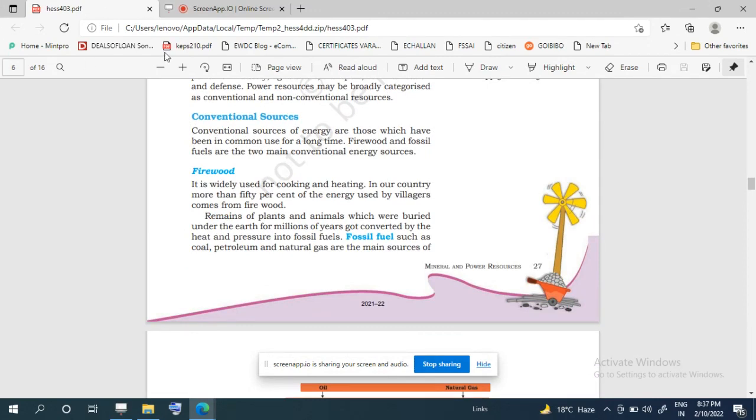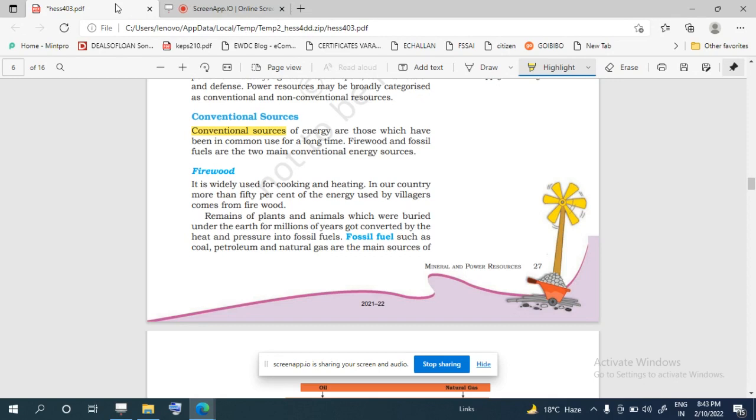Conventional sources are those sources which are in use for a very long time. Many times, it's a misconception that conventional sources of energy are those sources which are non-renewable, but this is not a correct explanation.